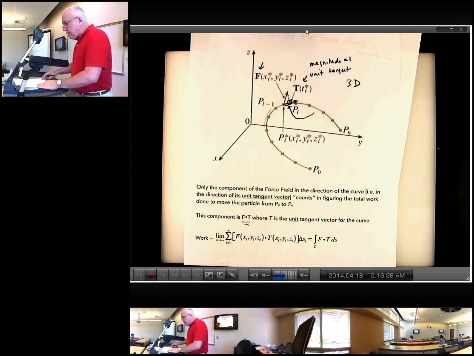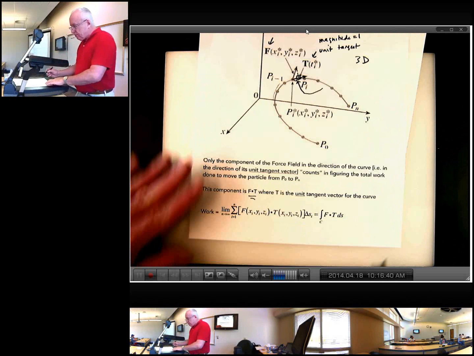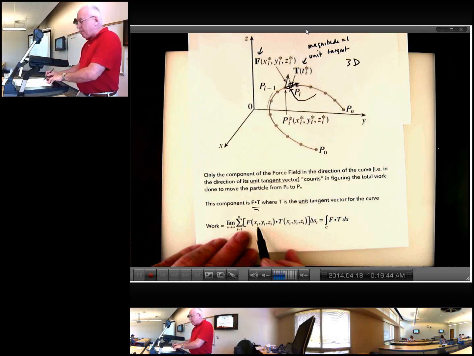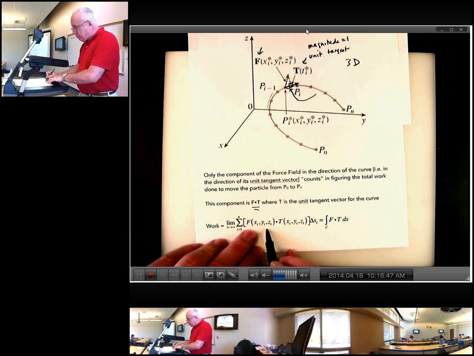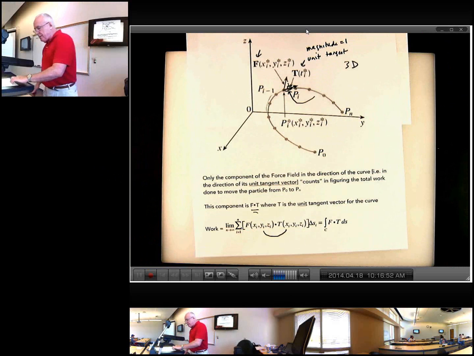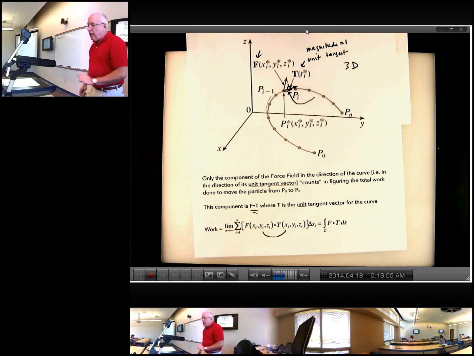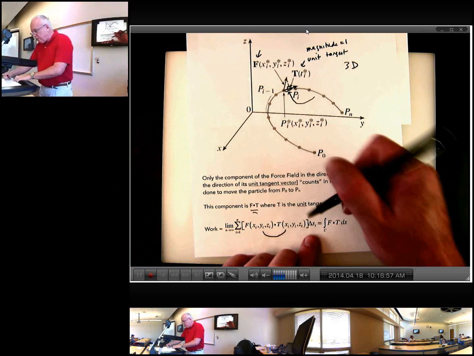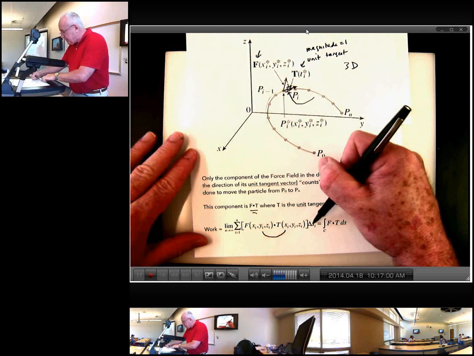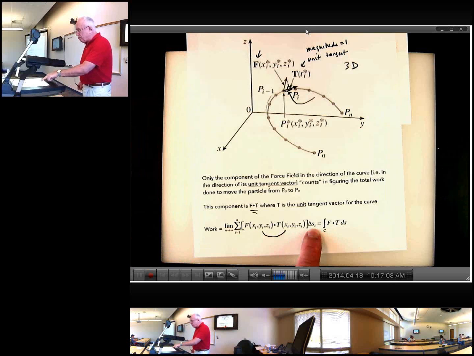So what we end up doing here is summing up a bunch of things. We take the dot product of our force with our unit tangent vector, F dot T, and then we multiply by the little bit of distance along the line that we're moving, which is a delta S, as in Sam.